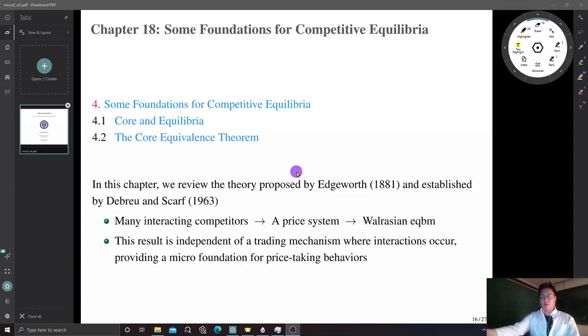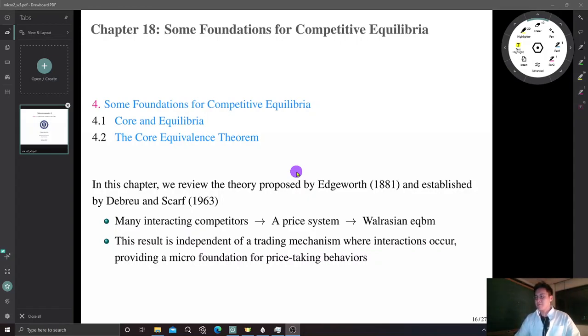Now going to chapter 16, the equilibrium framework. So we have many consumers and many firms existing in an economy, right? And then in chapter 16, we established two welfare properties of Walrasian equilibrium.